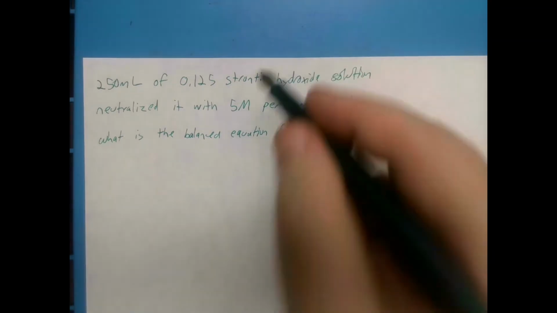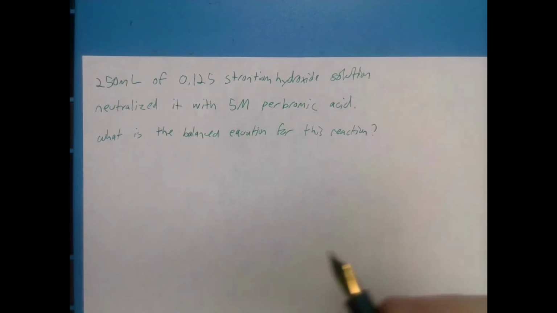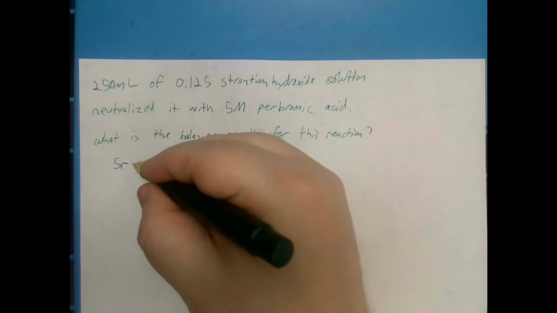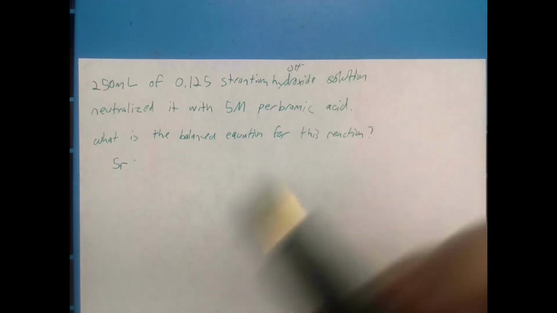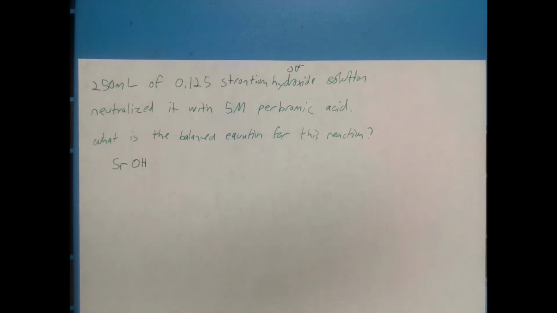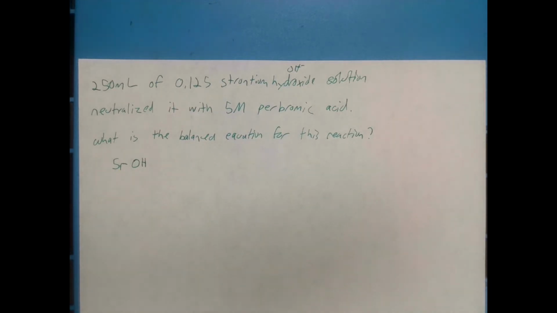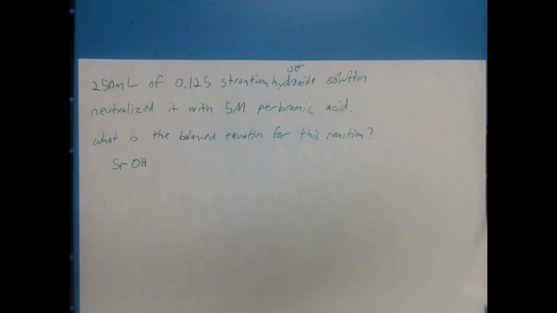So what's the formula for strontium hydroxide? Hydroxide is OH negative. So you know it's going to be some ratio of strontium to hydroxide. What will be the correct ratio? Strontium is in group 2, so it's a +2 charge.